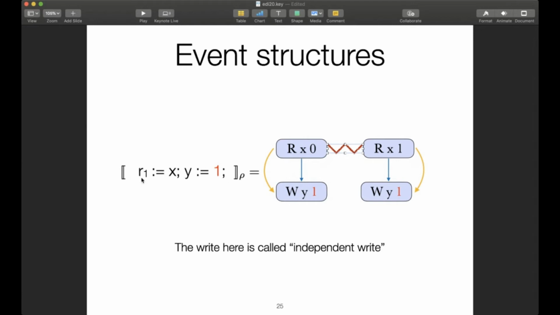This program here, there's no real dependency between the load of X and the store of Y. And it's in this construction of the conflict relation, the composition of this trace with this trace, where we spot this. And what we really look at is, well, we build something called a justification relation that explains which reads you have to see in order to have a particular write. So we have to see this read of X0 to see this write, and we have to see this read of X1 to see this write.